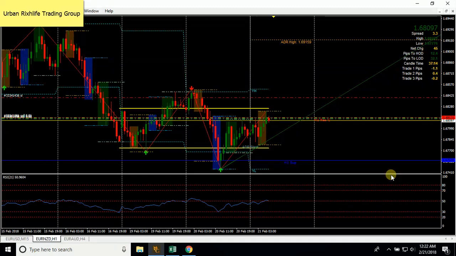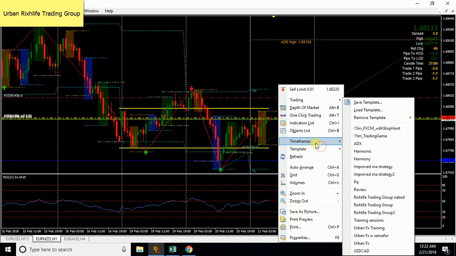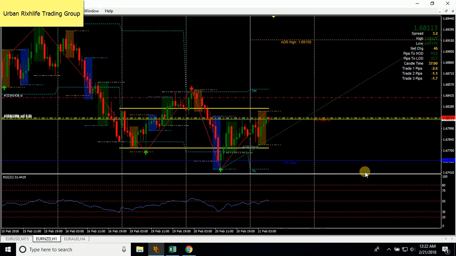If I see a swing high or swing low on those, 9 times out of 10, I'm going to take a trade. Reason being, when you get a swing high, you know price is coming back down.